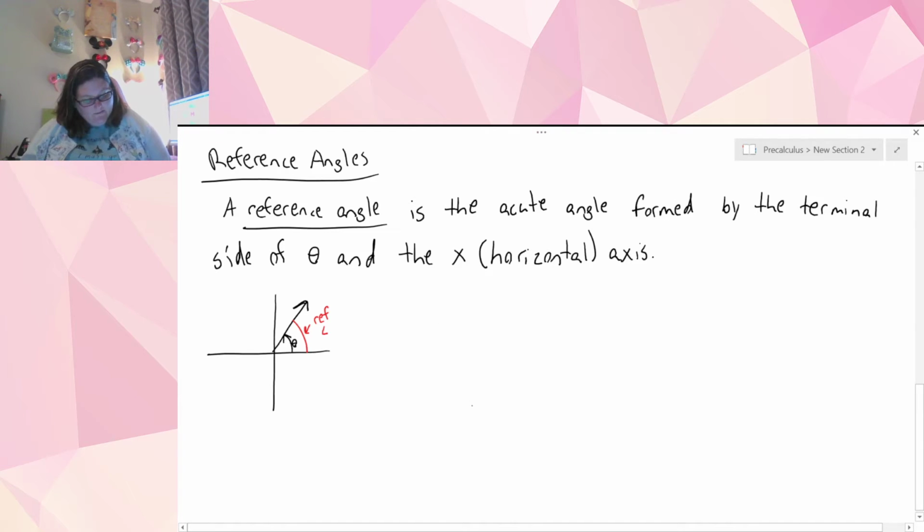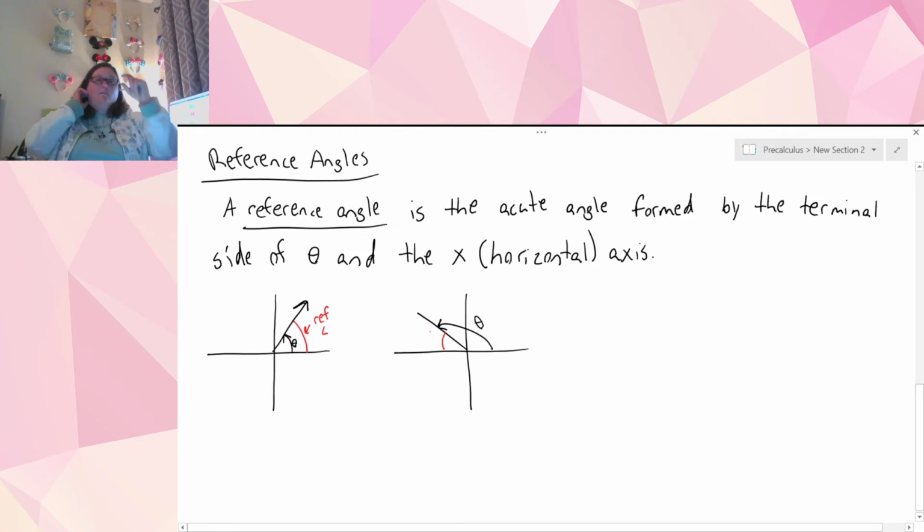Okay, if I have an angle in the second quadrant, this is theta, my reference angle is from where my line is down to the x-axis. So we always want to go the fastest way to get to the x-axis. That's going to be my reference angle. So this angle here is my reference angle.